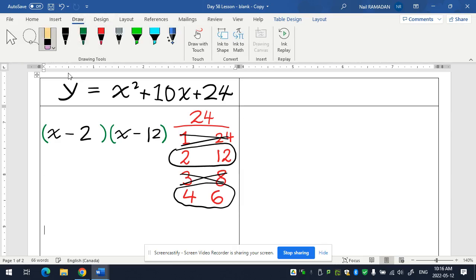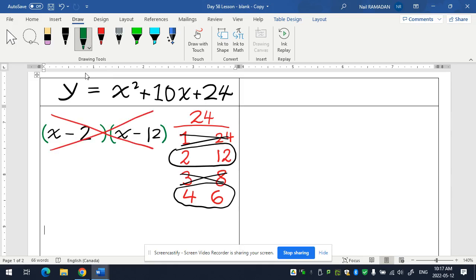Is this going to work? It's going to give me a positive 24, but when you add minus 2 and minus 12, what do you get? Minus 2 and minus 12. Losing $2 and losing $12 is losing what? 14. This is never going to work. So everyone, I want you to cross it out.